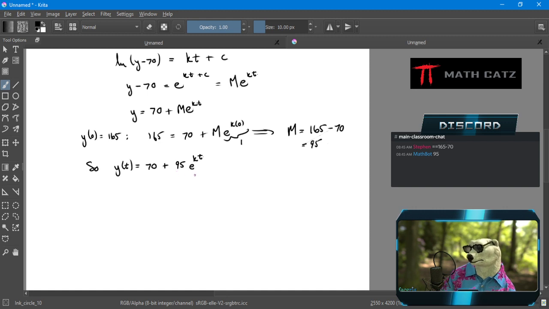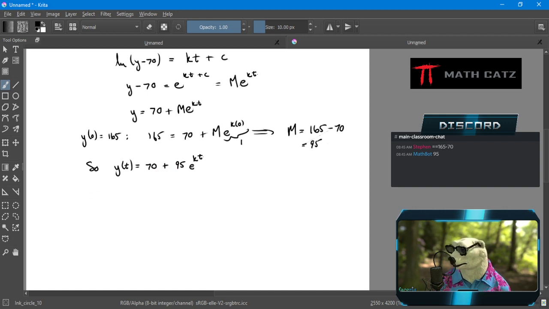Remember that regardless of whether the growth constant is a decay constant or positive or negative, e to the something is always going to be positive. But I'm really just having an exponentially scaled amount above 70. And that is eventually going to get smaller, but I'm always going to be above 70.